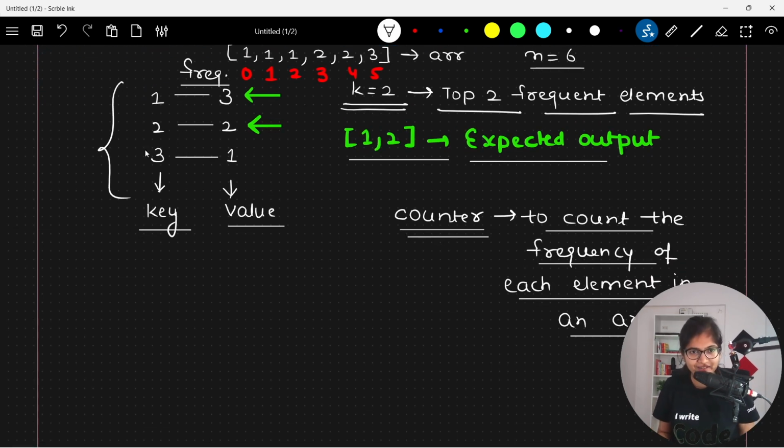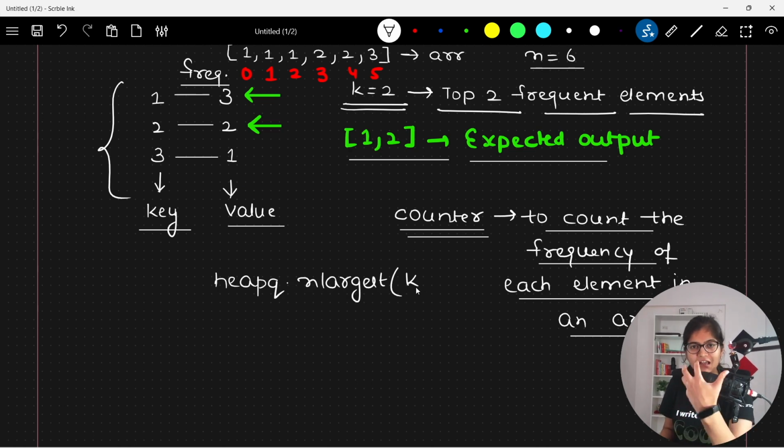Once I get this value, what I can do is import the heapq package, and inside that I can call nlargest, and give the value k, which is how many numbers I want, and on what basis?